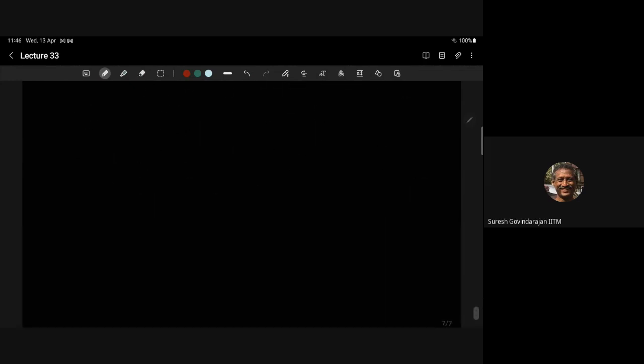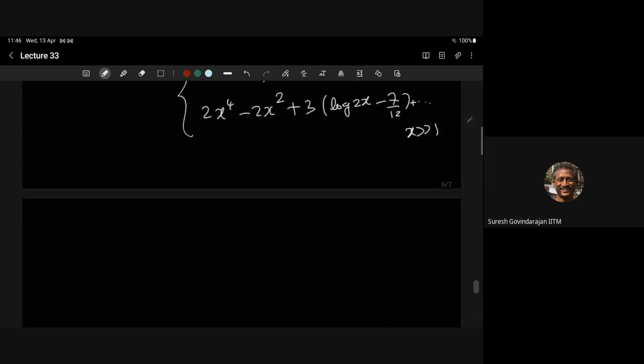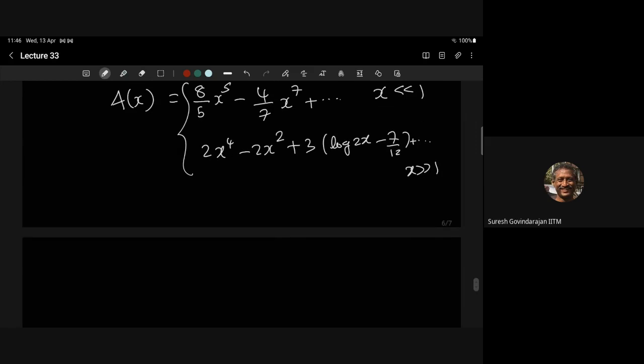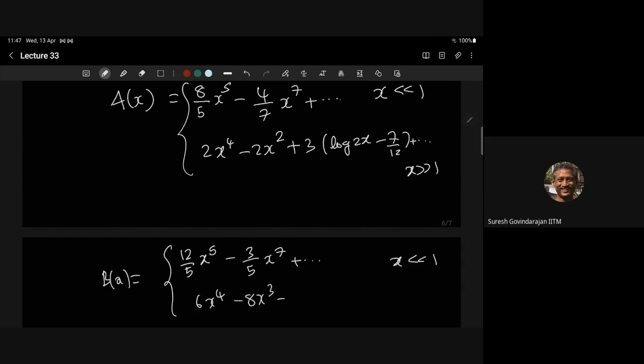Okay. And similarly, B of x is 12/5 x to the power of 5 minus... okay, I won't write more terms.